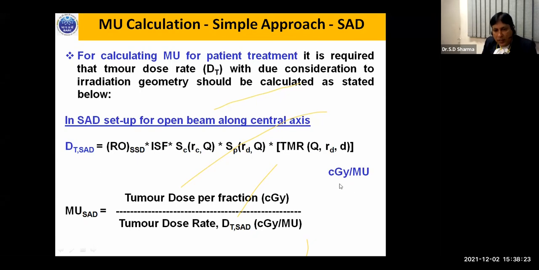And ultimately, because the unit of this reference output is centigray per monitor unit, and other parameters are just relative factors, it will come as centigray per monitor unit. And once again, same expression: tumor dose per fraction and tumor dose rate, then you will get monitor unit corresponding to SAD setup.